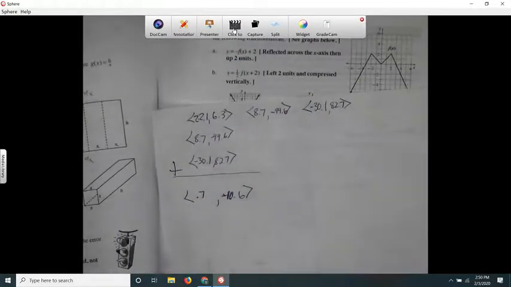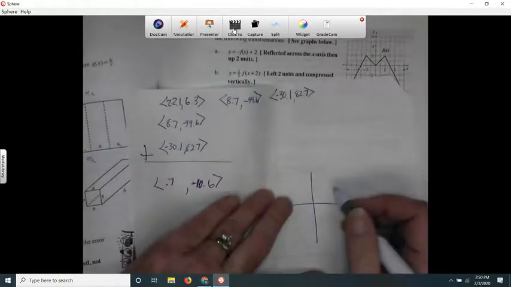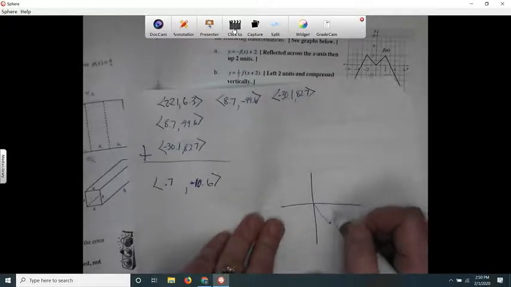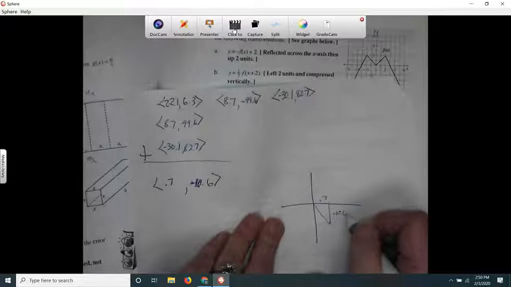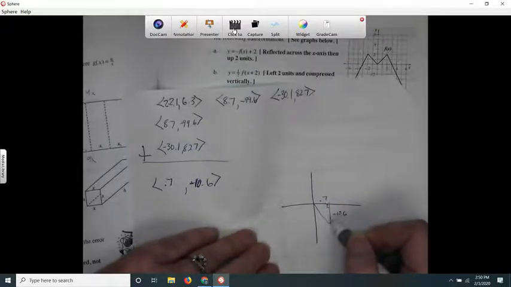And then I'm going to remind myself how to do this stuff. So this is 0.7, this is negative 10.6, right? So I can use the Pythagorean theorem to give me the magnitude.